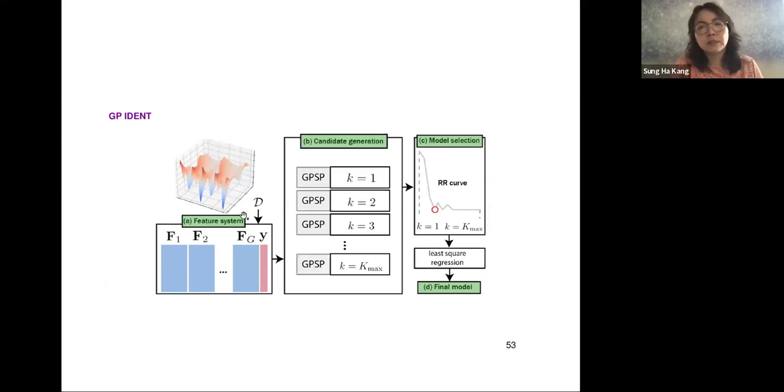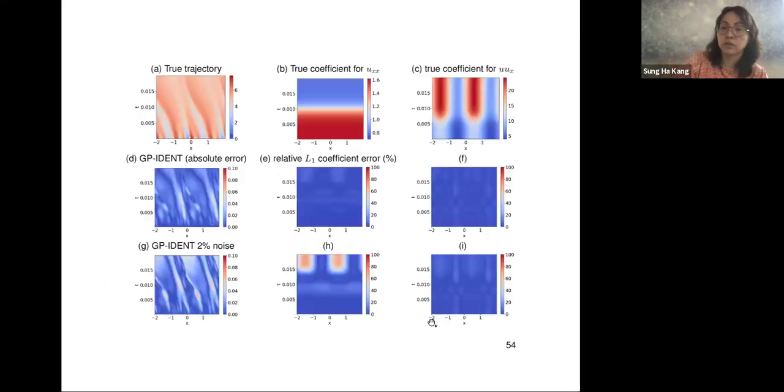So this is the group SP. You have a feature matrix which is much thicker because of the number of elements that we have. Then we use the group SP, k equal to 1 to k max. Among these k, we find it by the biggest drop, the first drop that you have. Then we do a least square fit.